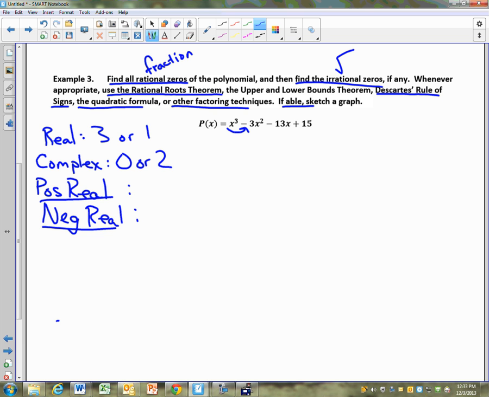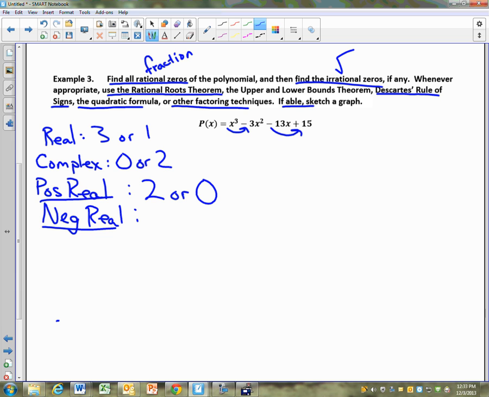Do I change signs there? Positive to negative. Here? Here? So how many times did I change signs? Twice. So there are either 2 positive reals or 0 positive reals. We decrease by a factor of 2.